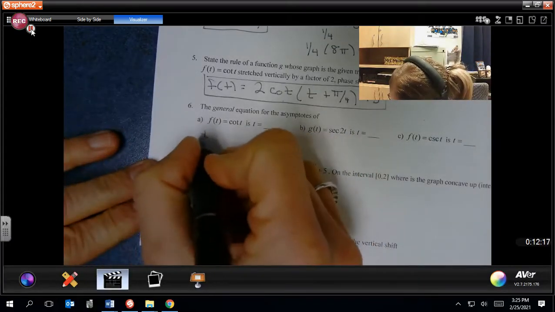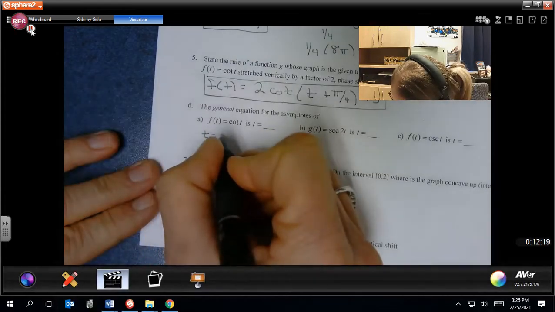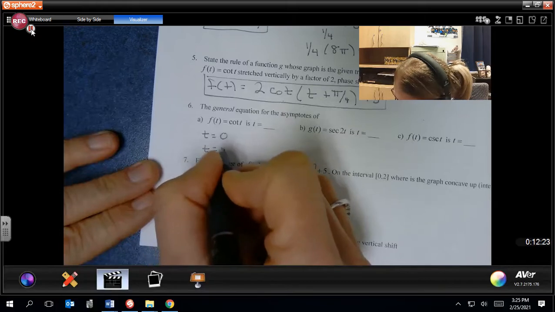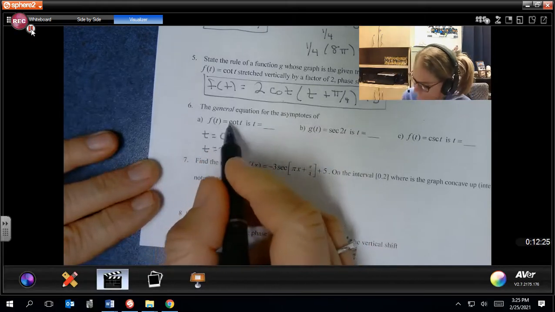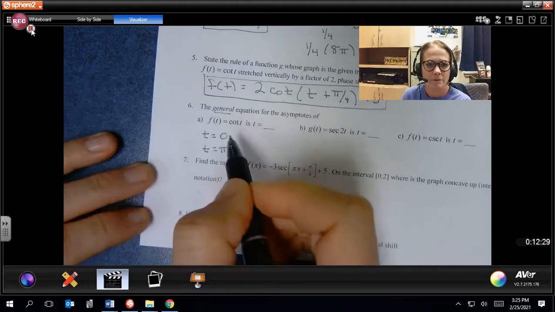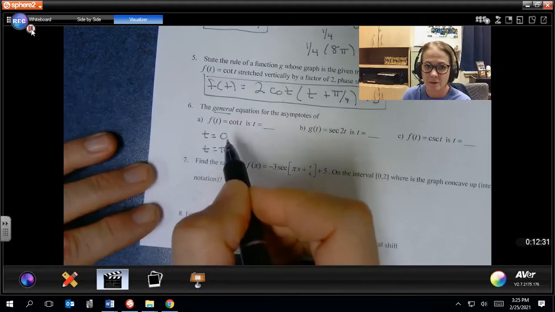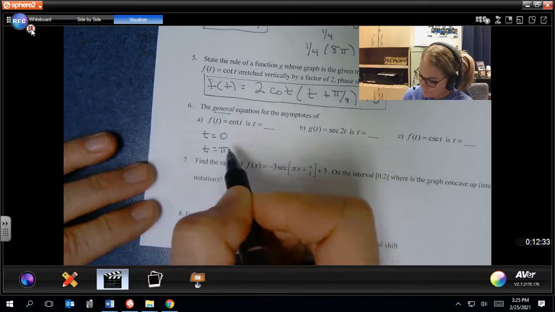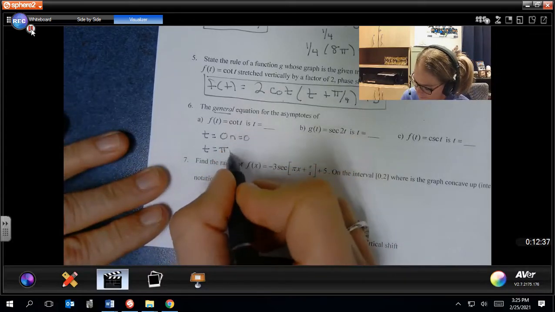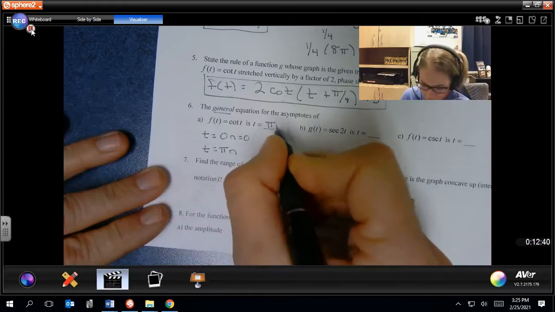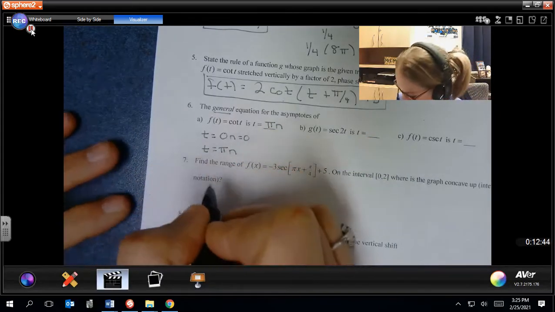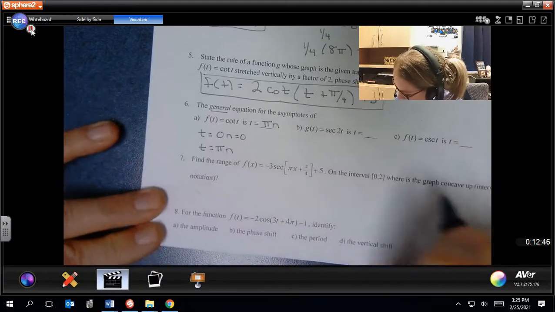So for t, they're going to have those at 0, and they're going to be at pi, and we have to account for all of them, so they're going to happen at the start and at the end of the period. And so how do we keep that going? I don't want to do 0 times n, because that's 0. This is just going to be pi n. And that n keeps cycling it, as cotangent is periodic in nature.